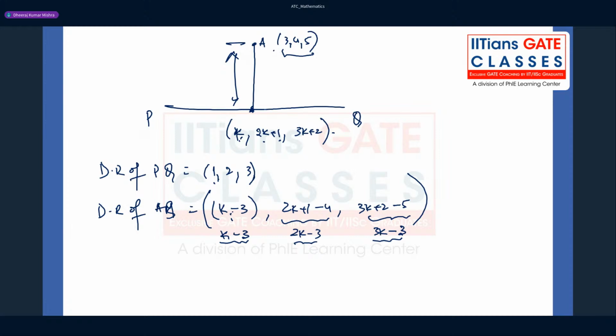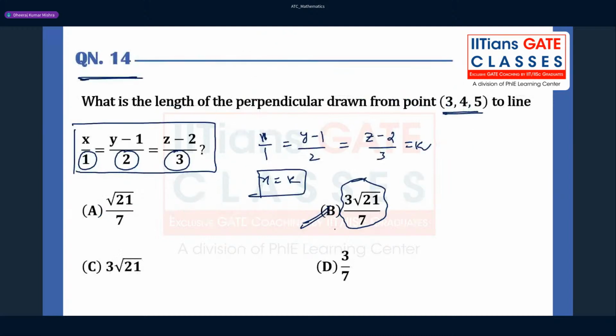So how to find the length? K minus 3 whole square, plus 2k minus 3 whole square, plus 3k minus 3 whole square. This is how you can find the length, and that will be the answer for this question, B.